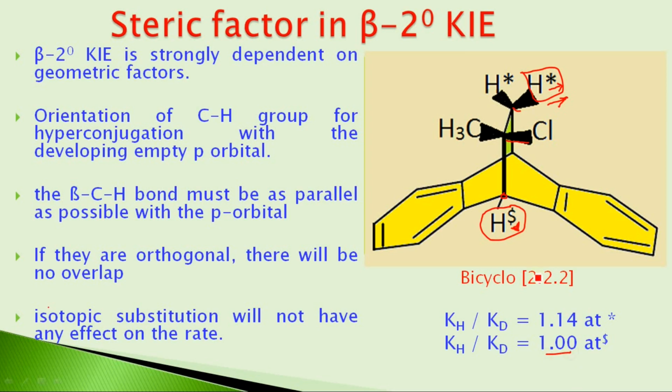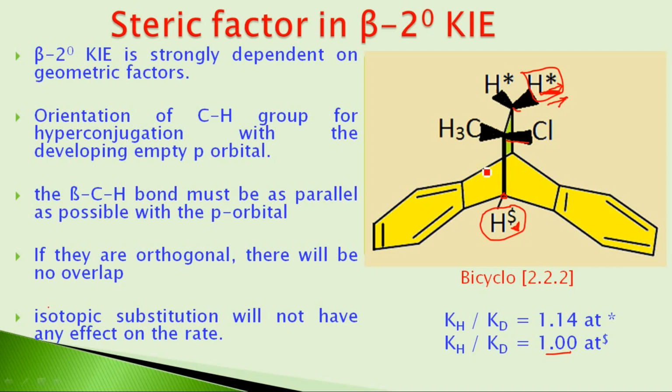In other words, beta secondary KIE was observed when isotopic substitution was made at the asterisk position, and no beta secondary KIE was observed when isotopic substitution was made here. So what is the reason behind this?